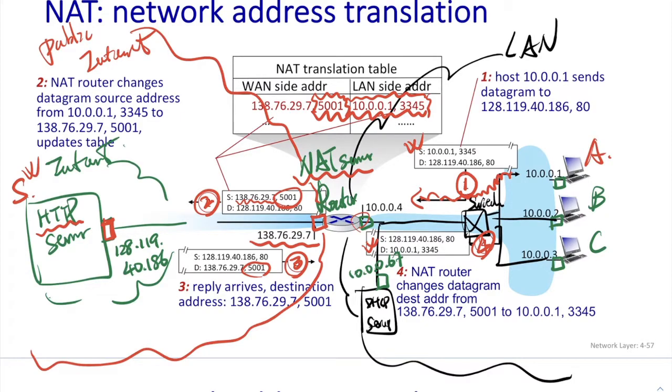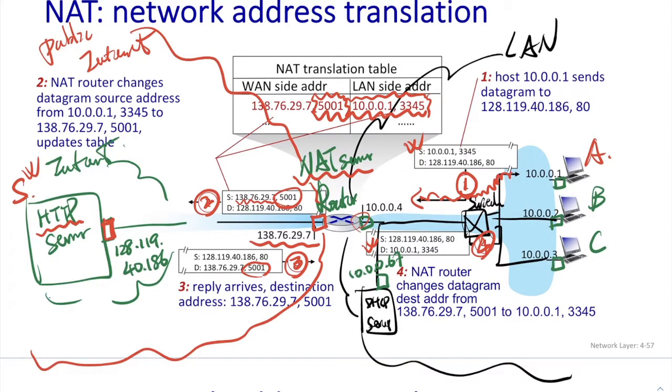After those replies go back to the NAT server, the NAT server will again change the IP header by checking the NAT table. And again, those packets can be received by A or B or C by using the private IP addresses. So that is the idea of NAT. We have a NAT server. It can help us translate public IP addresses and private IP addresses and corresponding ports. That's it. That is the idea of NAT.